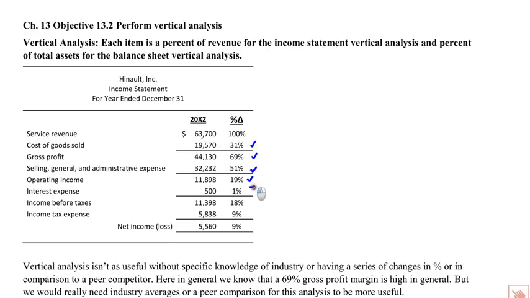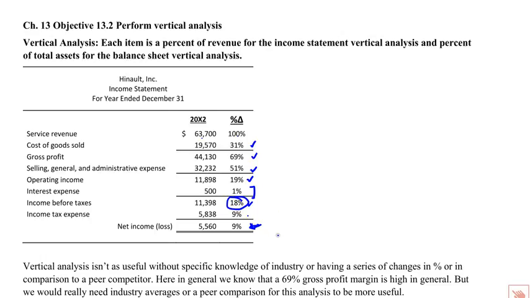For some reason, they have just no debt, very little interest expense. Income before taxes ends up being 20% of revenue. And net income to service revenue is 9%.